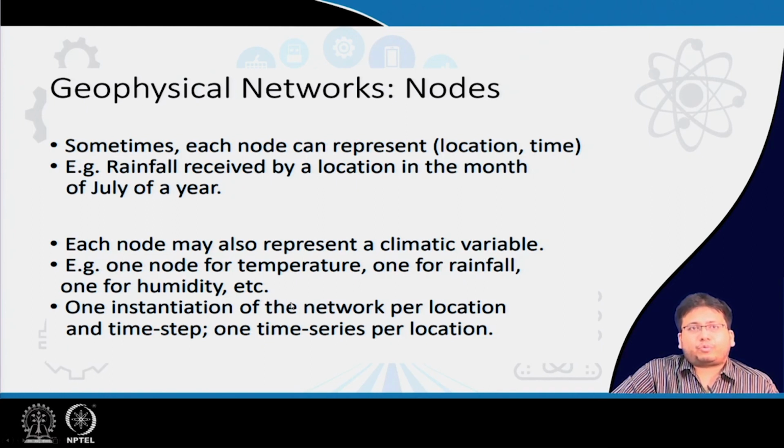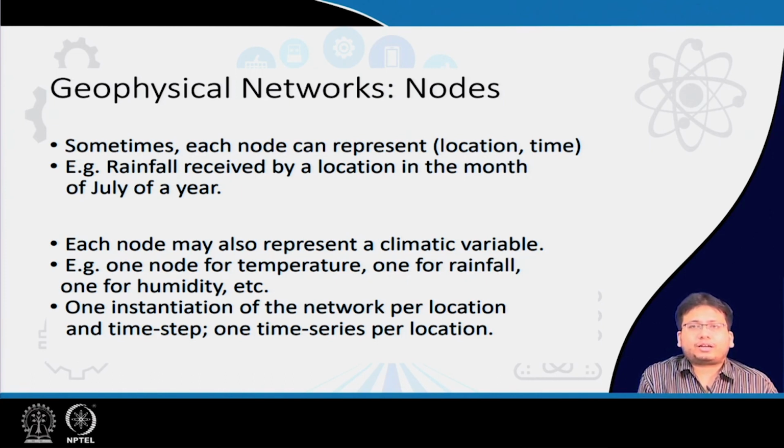We get one instantiation of the network per location and per time step, so at any given point of time, the values stored in the different variables form a snapshot of the network, and of course the values keep varying over time.